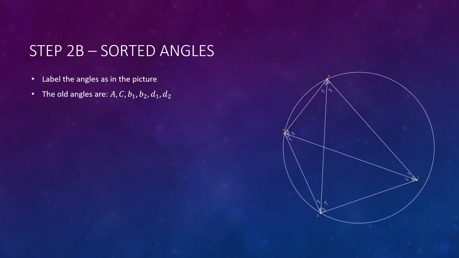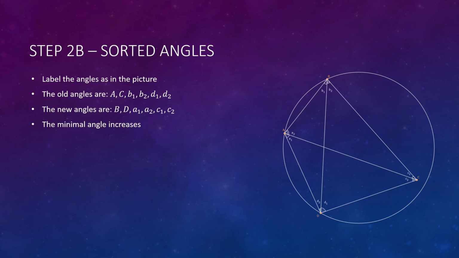So the old angles, meaning before the flip, are A, C, B1, B2, and D1, D2. Of course, by A and C, I labeled A1 plus A2 and C1 plus C2, as they are the initial angles of the quadrilateral. The new angles will be B, D, A1, A2, C1, C2, because we flipped BD to AC.